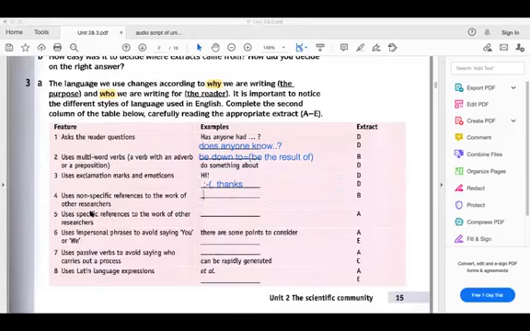You remember in extract B, when the writer said researchers, and the writer didn't say who the researchers are.